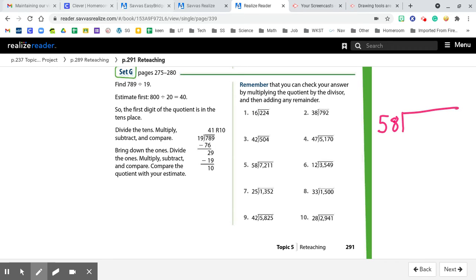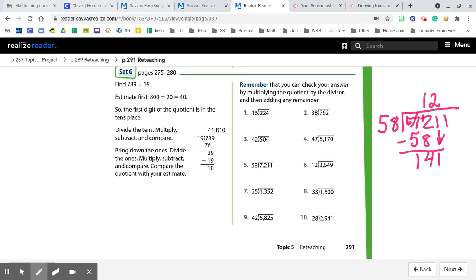58 into 7211. So 58 times 2 would be too much. So 58 times 1. Subtract that out. The remainder of 14, that looks good. Bring down the 1. 58 times 2.